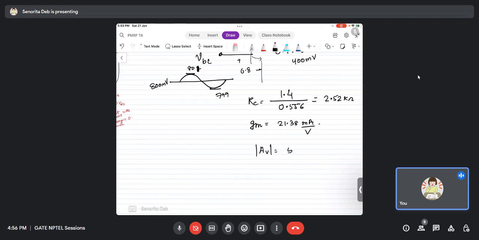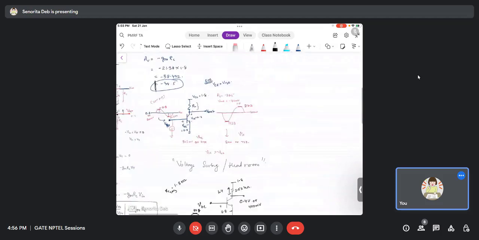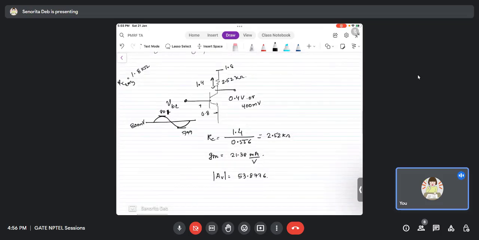Right? So now my voltage gain has increased. Earlier my voltage gain was 38.5. Now the voltage gain is increased because I increased RC by decreasing the VCE.